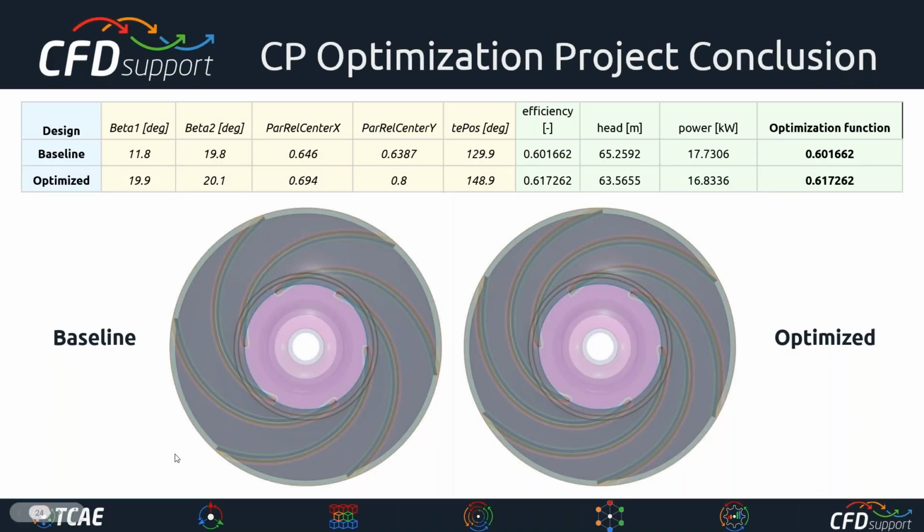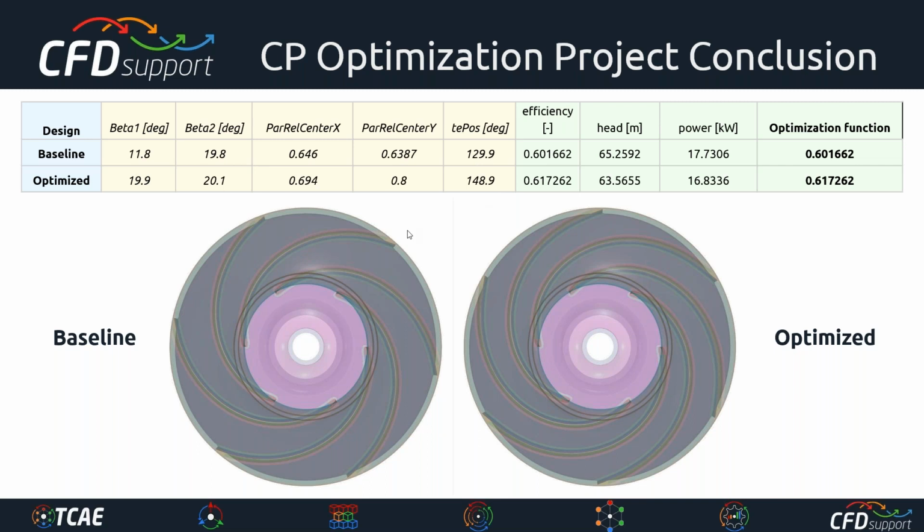Okay, yeah, we also have this summary of the case study we did. So you can see the final optimized impeller, and also the baseline impeller. You can see they're quite similar. You can see that the blades are a little bit longer and maybe a little bit more rounded. You can see the baseline parameters, and also the optimized parameters here.